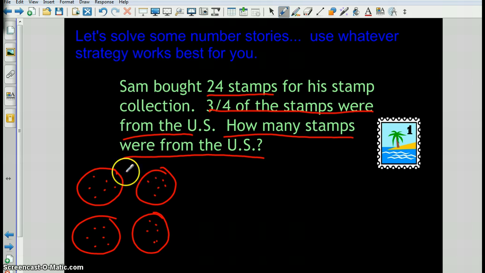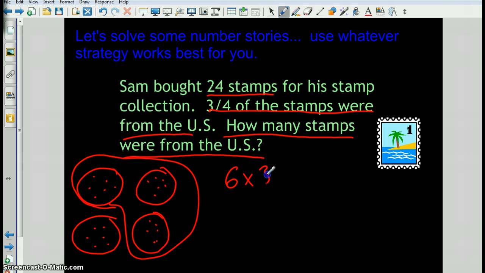As I look at this, I see that there are 6 stamps in each group, and I get 3 of the groups. So I would circle 3 of the groups. I have 6 stamps in each group, and I get 3 of them, which equals 18 stamps. That is how many stamps were from the US, 18.